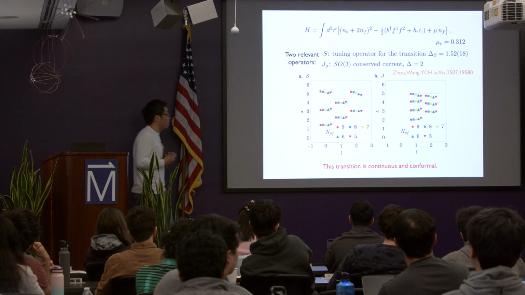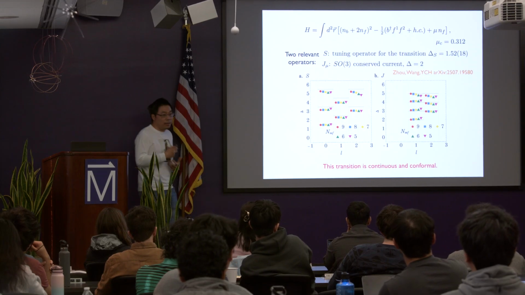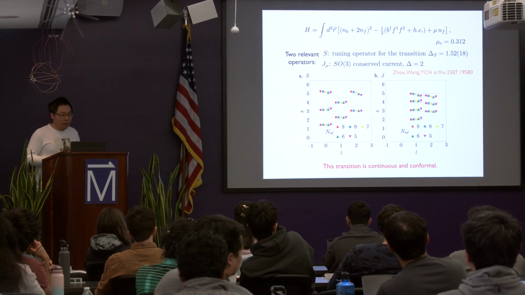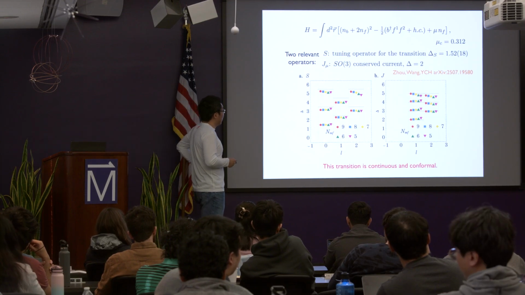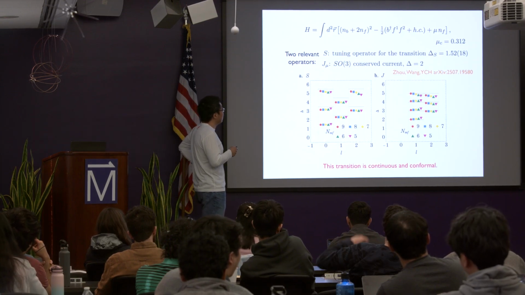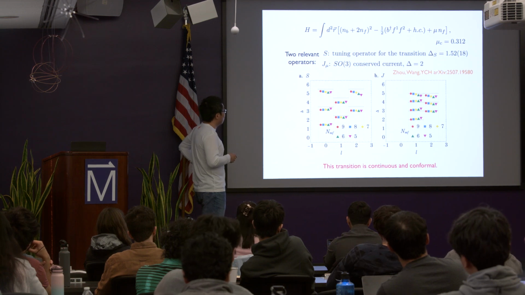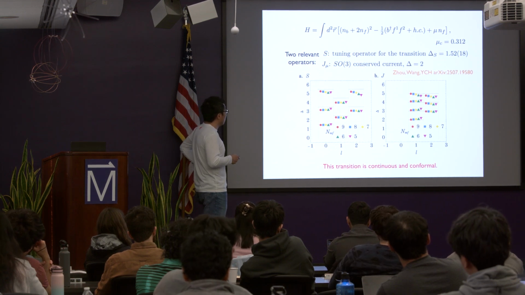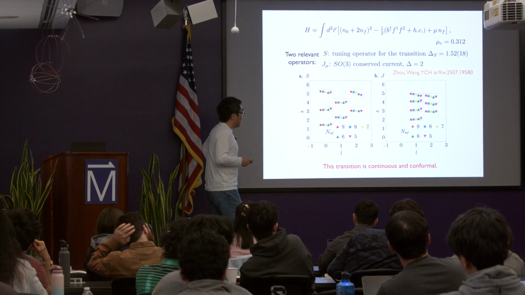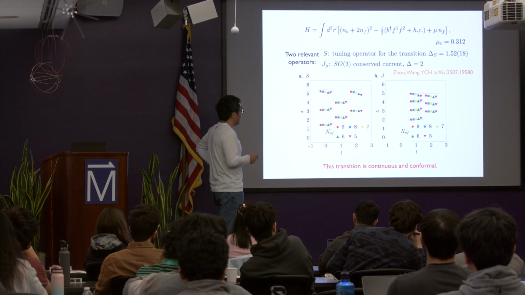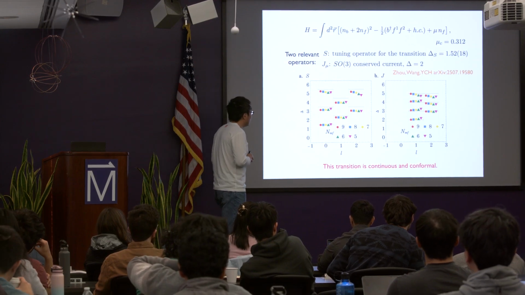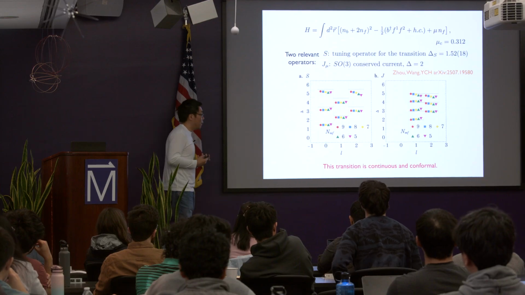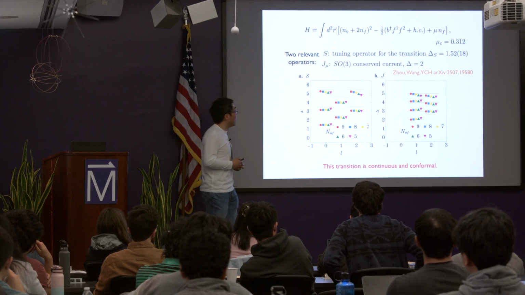On the sphere, there's something much cooler we can do: the state-operator correspondence. We can analyze the energy spectrum to see whether we get those conformal towers. This is the result for the conformal towers of the singlet and the conserved current. Again, you can see these beautiful conformal towers, which is very strong evidence confirming that it's a continuous transition with conformal symmetry.